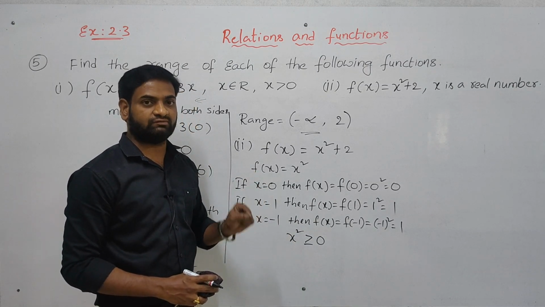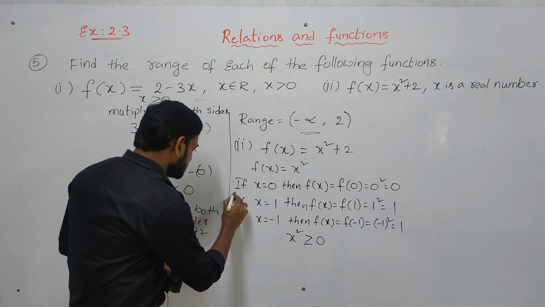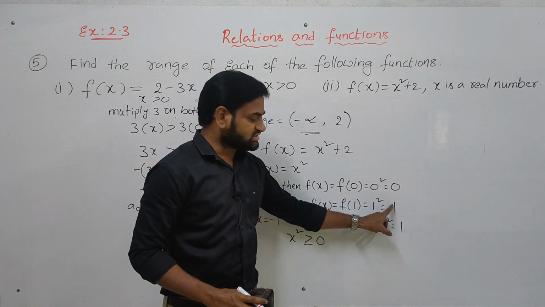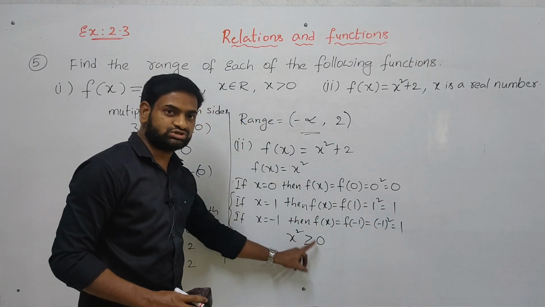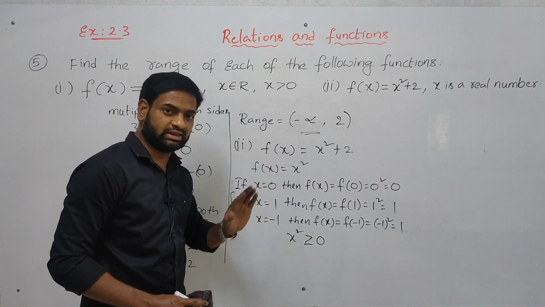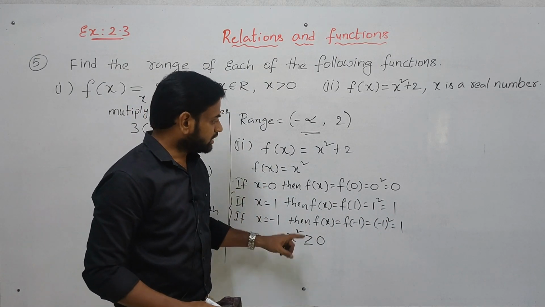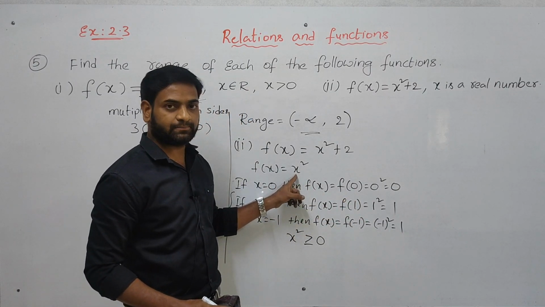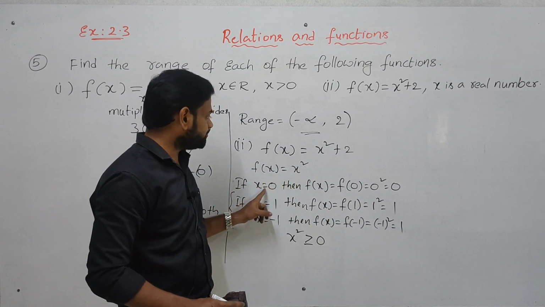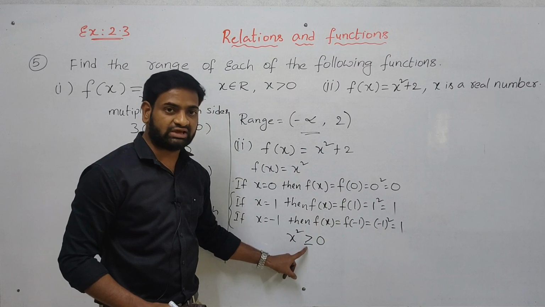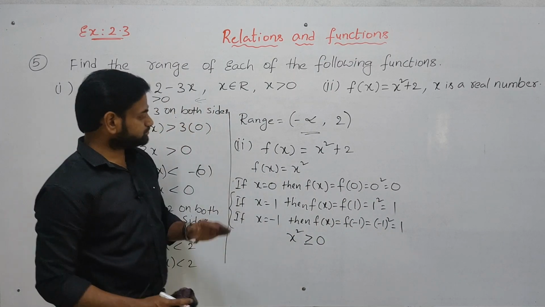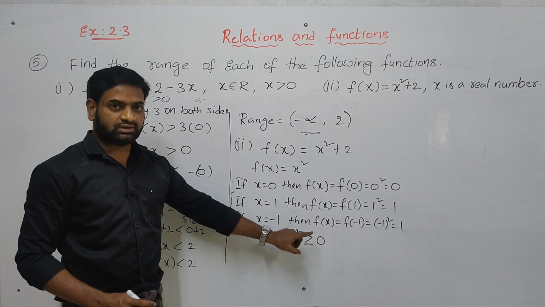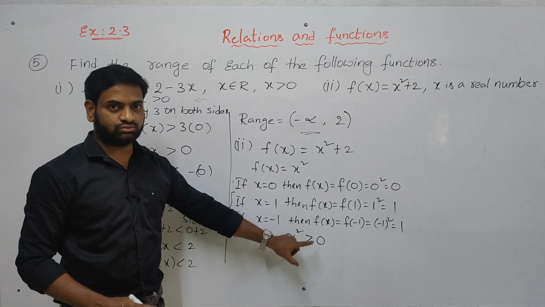When it is greater than and when it is equal to, in these two cases, if you observe, x square value is positive, above 0. You take positive, negative, it is above 0. When x is 0, x square is 0. That's why the equal symbol. So from this information, we can write x square is greater than or equal to 0.